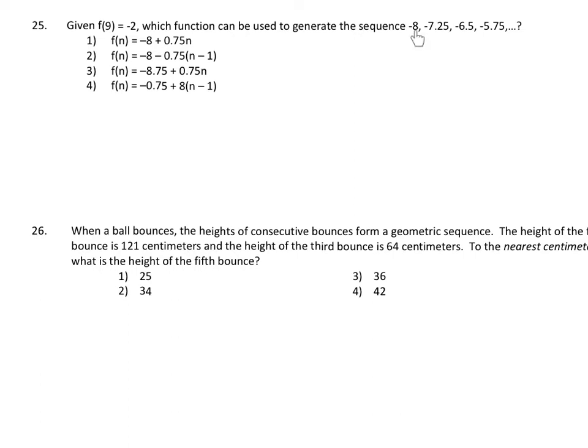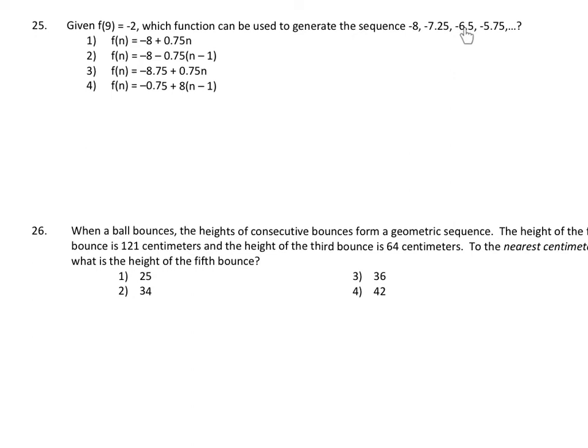All right, so if we look here, we're starting at -8, and then it's going up to -7.25, and then up to -6.5, and then it's continuing to go up. Some of you may be able to look at this and say, well, it's going up by 0.75.